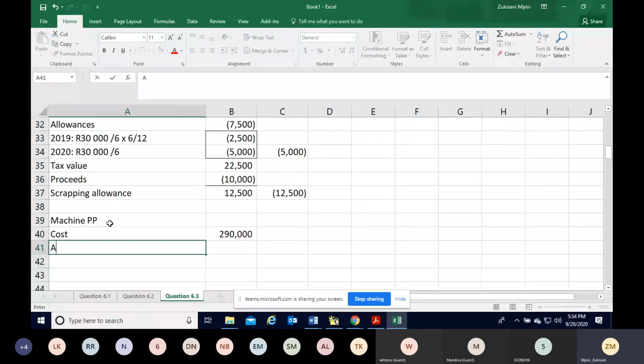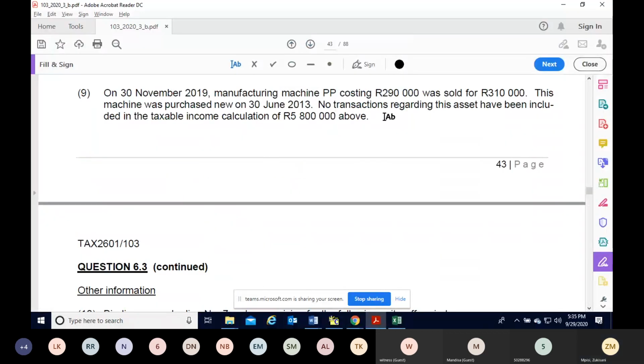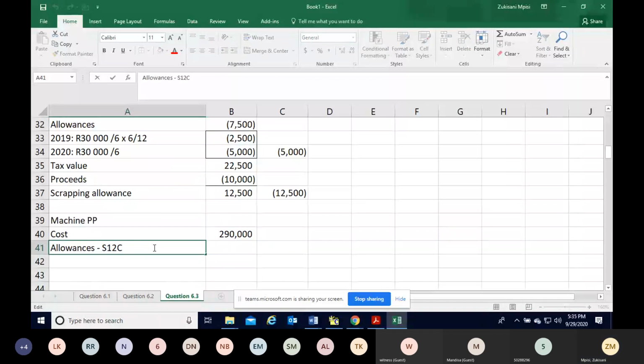So we apply allowances in terms of section 12C, because remember, this is a manufacturing asset. In terms of 12C, if it was purchased in 2013, you would have depreciated it over 3 years. So it would have been 50, 30, and 20.